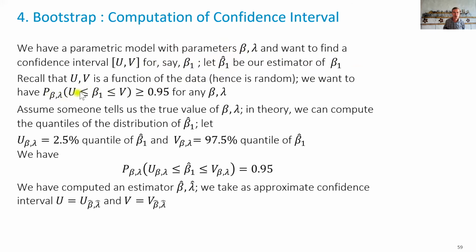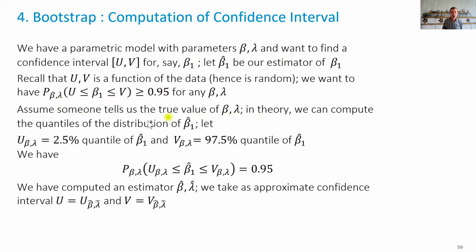However, what we want to compute is a confidence interval. So it's a function u and v of the data such that the probability that the true value is in this interval is at least larger than, for example, 95%. This probability, I put here an index beta lambda because it depends on beta and lambda. So assume someone tells us the true value of beta and lambda.